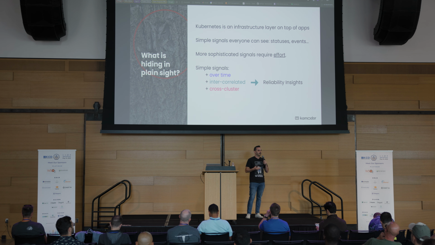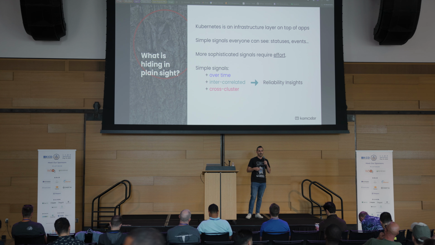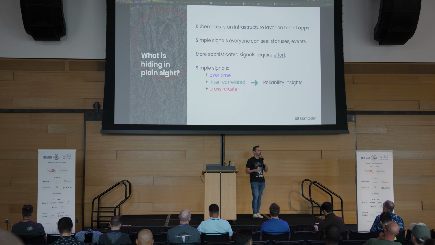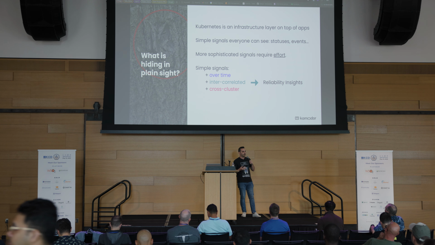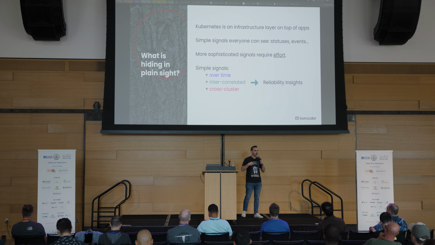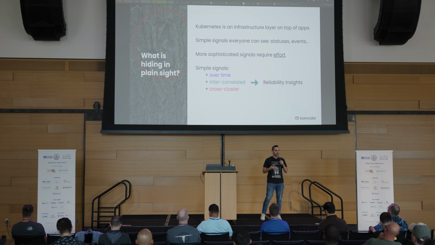So simple signals that Kubernetes provides out of the box can be, for example, statuses, events, some kind of metrics, logs, etc. And more sophisticated signals, that's what we're going to use to actually troubleshoot our issues, require more effort to actually pull off.